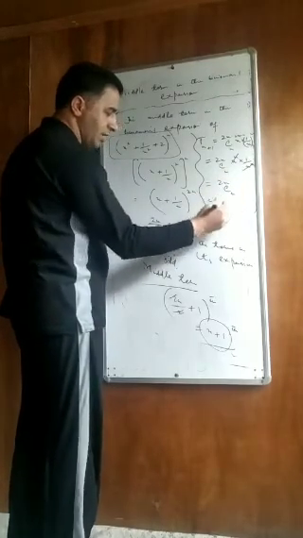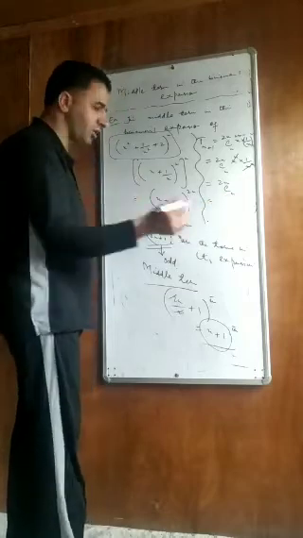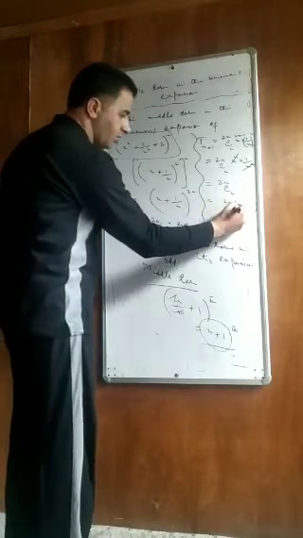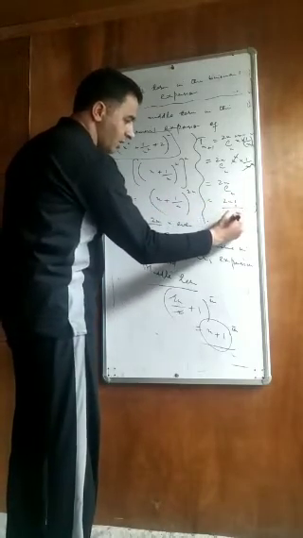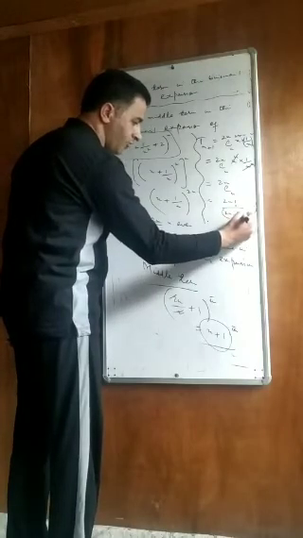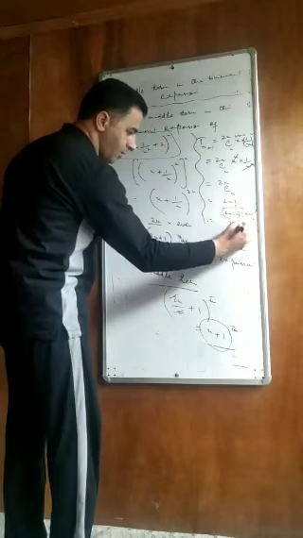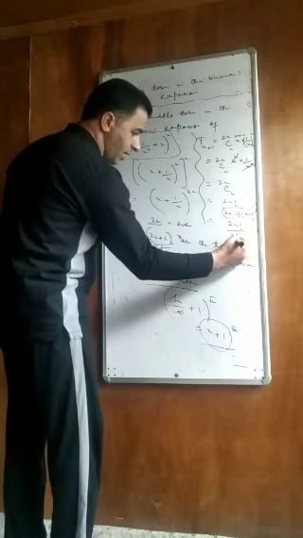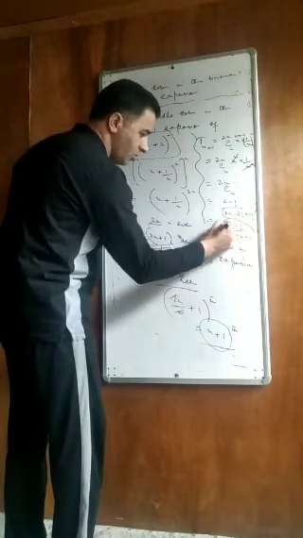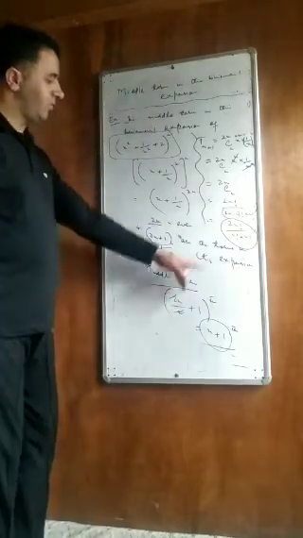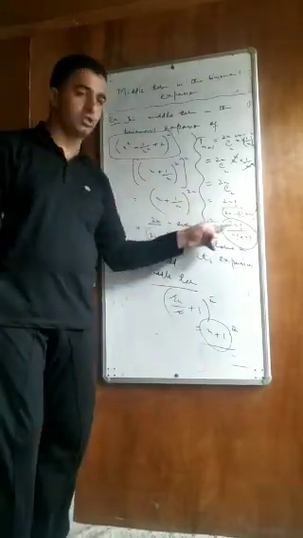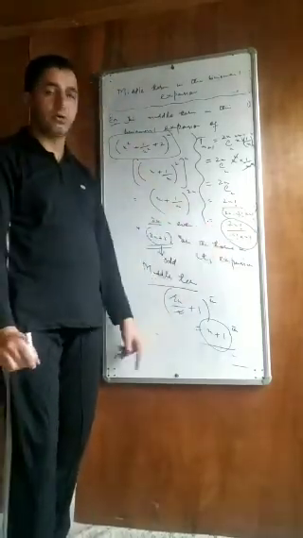Using the combination formula, we can write it as 2n factorial divided by (2n minus n) whole factorial into n factorial, which is equal to 2n factorial divided by n factorial into n factorial. So this is the answer. The middle term of this binomial expansion is 2n factorial divided by n factorial into n factorial.